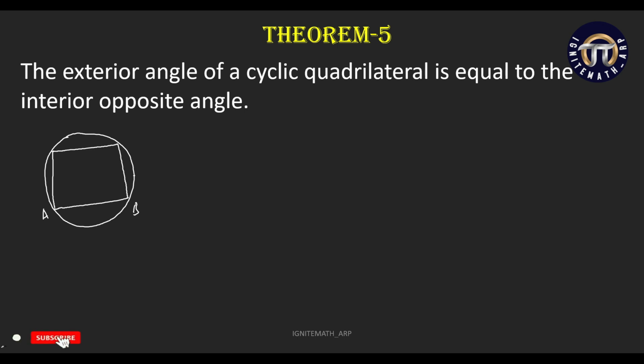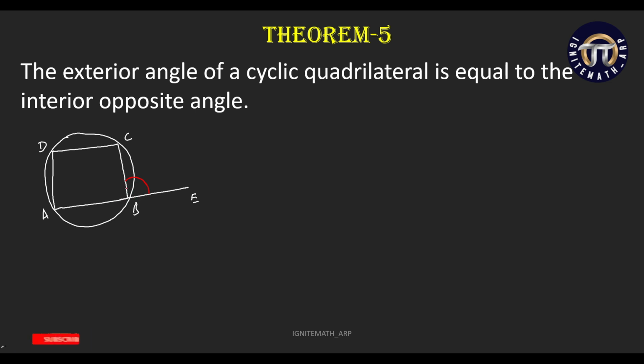So what is the meaning of exterior angle of a cyclic quadrilateral? Now when I extend this side of the quadrilateral to E, this angle is called the exterior angle. Clear?